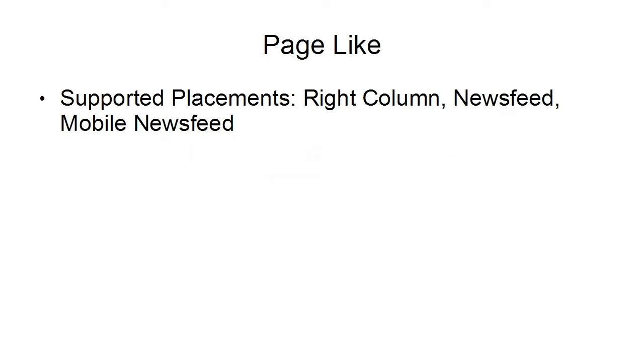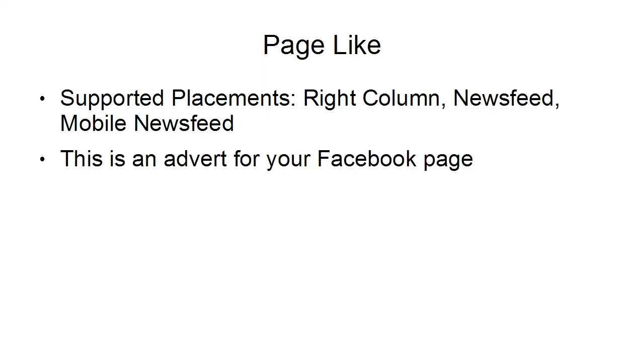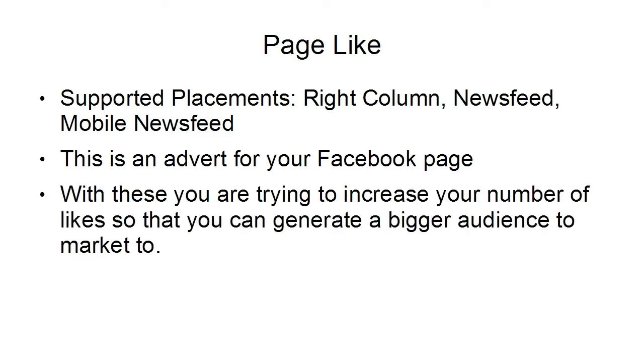Then there's page like, and the supported placements are the right column, the newsfeed, and the mobile newsfeed. This is basically an advert for your Facebook page. With these, what you're trying to do is increase the number of likes so that you can generate a bigger audience to market to.